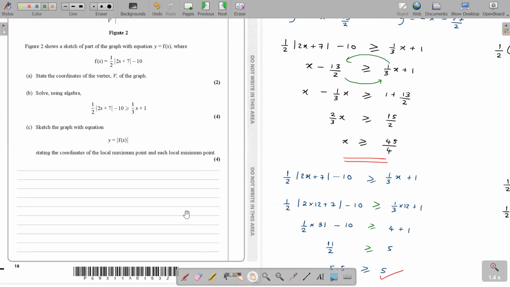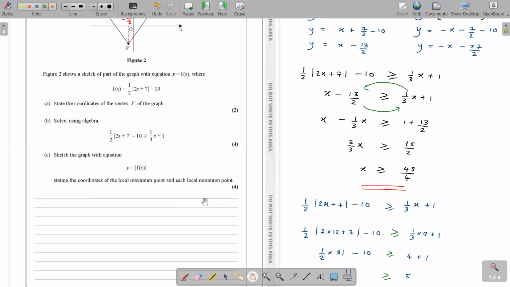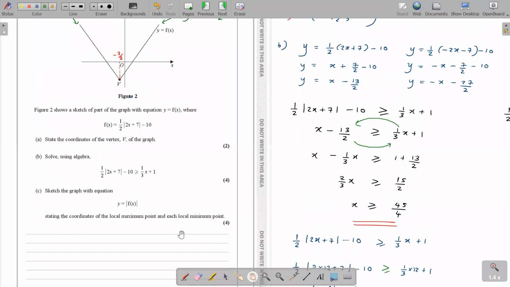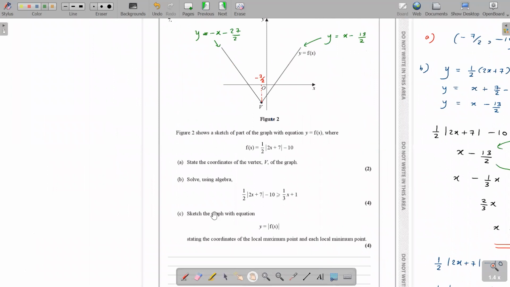The next part, they ask you to sketch the graph with equation y equals modulus f(x), stating the coordinates of the local maximum point and each local minimum point. So they ask you to sketch the modulus f(x). The f(x) graph is drawn here. What happens when you sketch the modulus f(x)? In the modulus graph, all your y values are supposed to be positive, right?